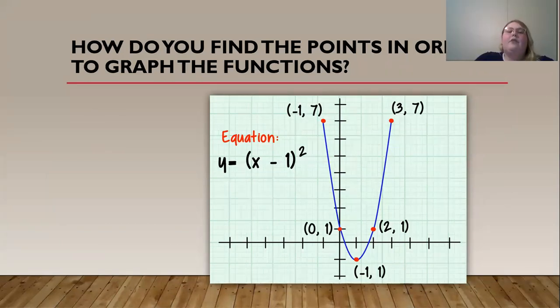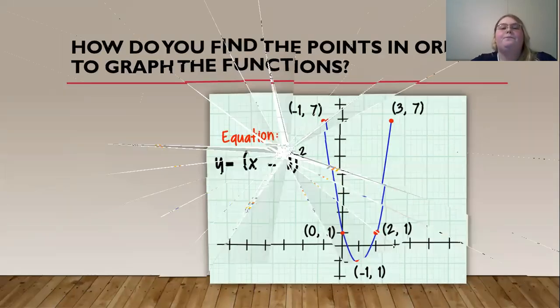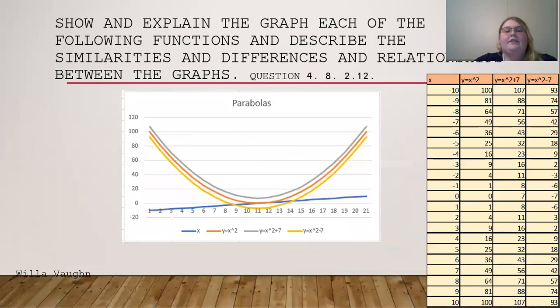Okay, so you got to kind of have a starting point to find the points for it. So here's just a graph that's on here, and you can see the table. So say you've got the equation y equals x squared. So you start with your table, and you start with just some random numbers, -10, -9, -5, and -4.